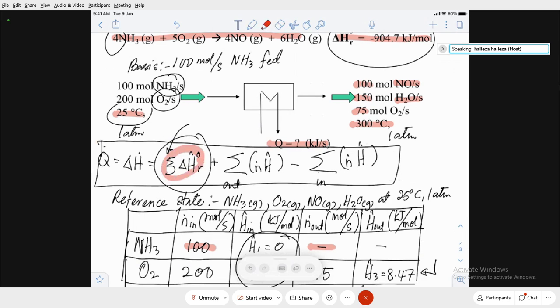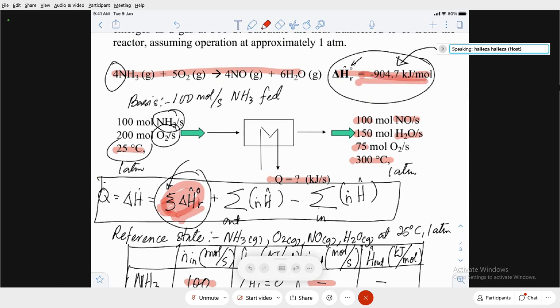Now we have this term, which is the extent of reaction and the heat of reaction. That's why you need to calculate the heat of reaction. You have three methods: Hess's law, the heat of formation, and the heat of combustion method. So you need to know how to calculate your heat of reaction.